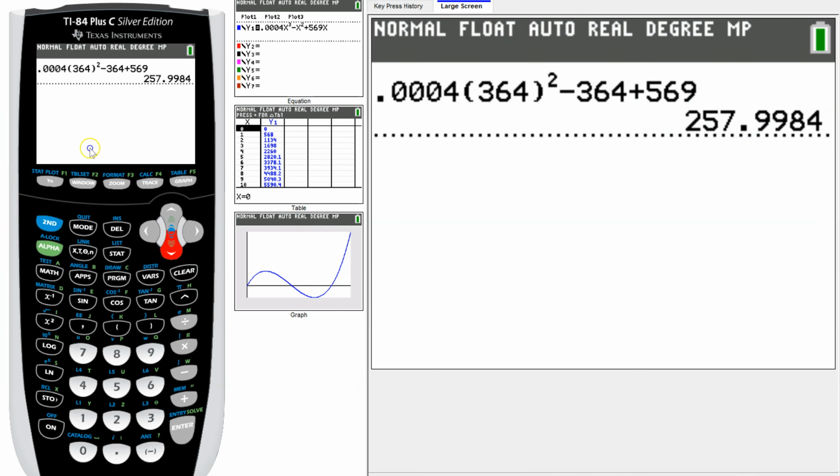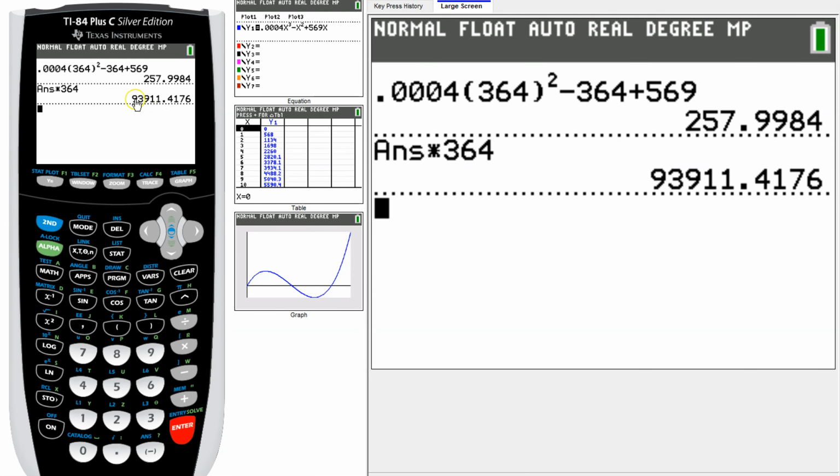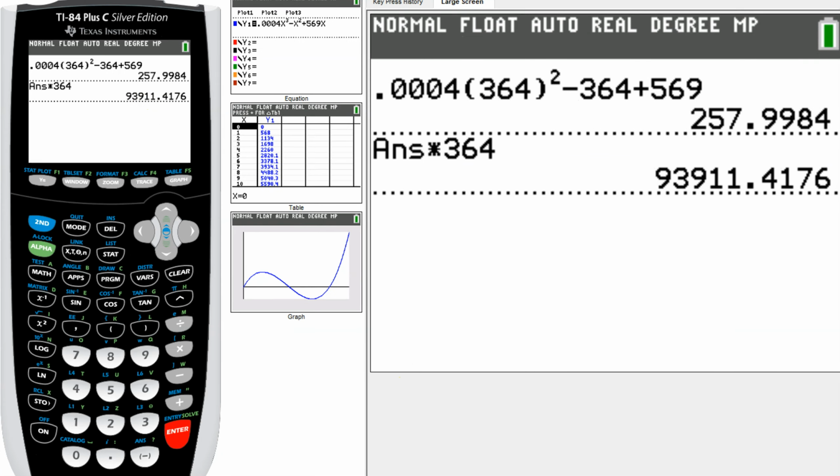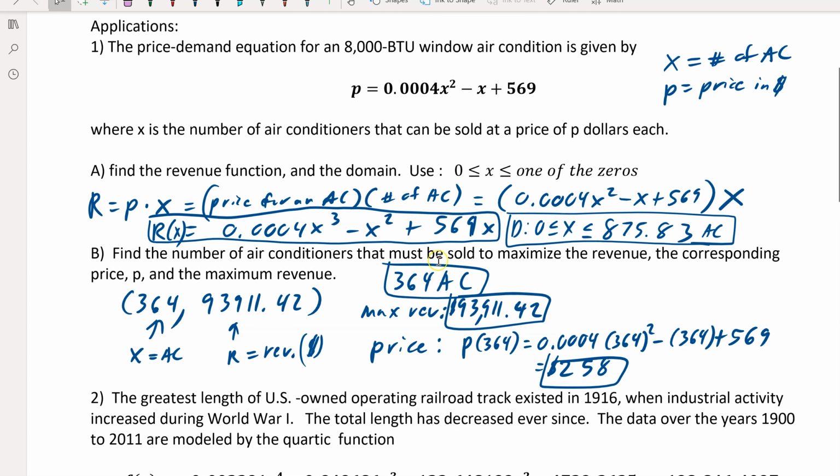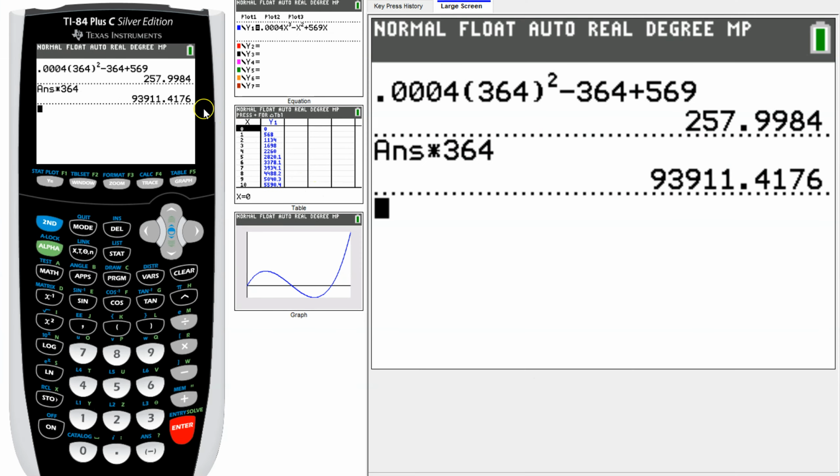So if I put times 364, what do I get? $93,911.42, which is what we have here. So you could also just take this revenue and divide it by the number of air conditioners, and it gives you the price, because remember, price times quantity is revenue.